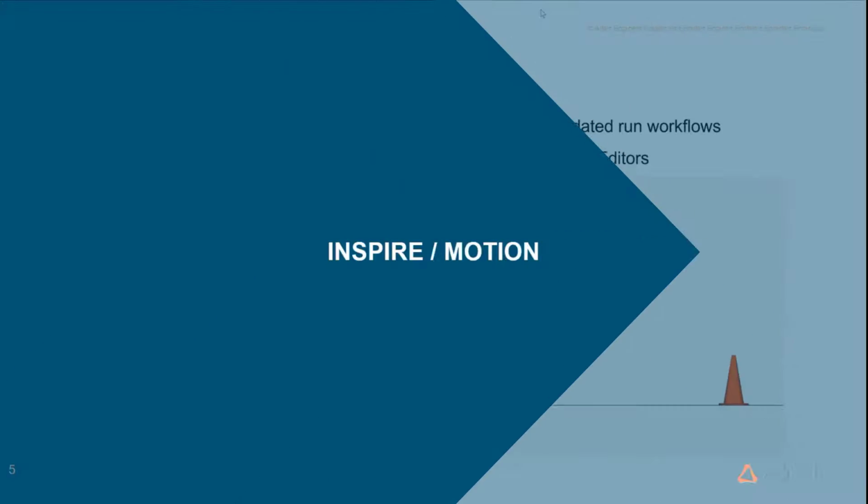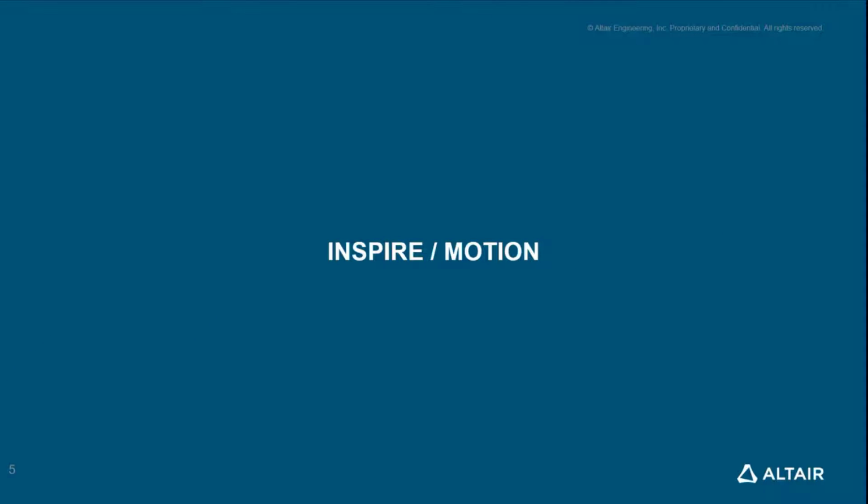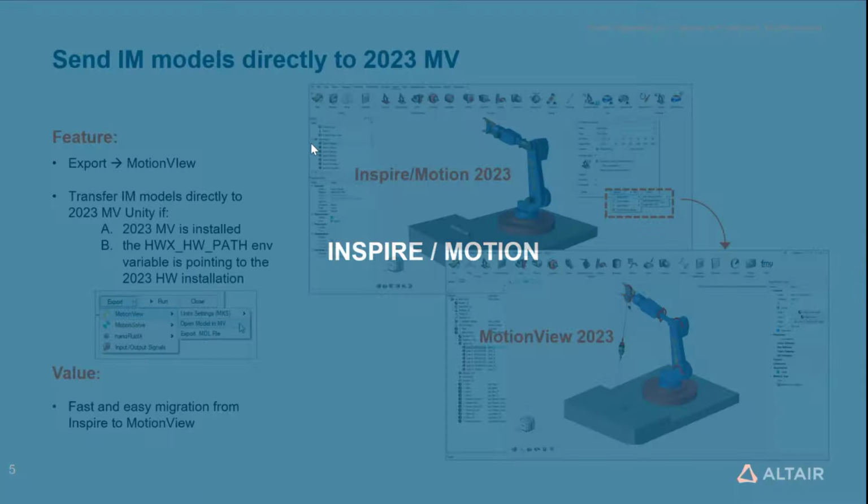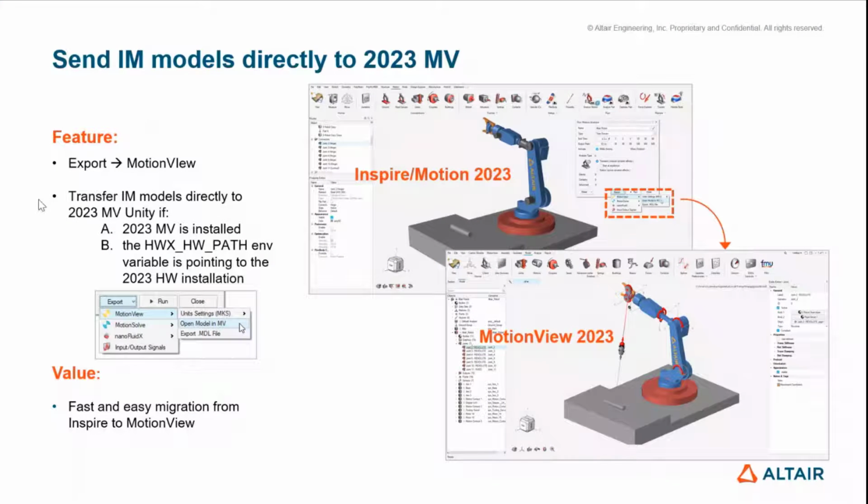Thanks, Praful. So it's been a good release for 2023 for Inspire Motion. I'll start off bridging where Praful left off, in that the migration, the retirement of Classic and the move to 2023 MotionView.